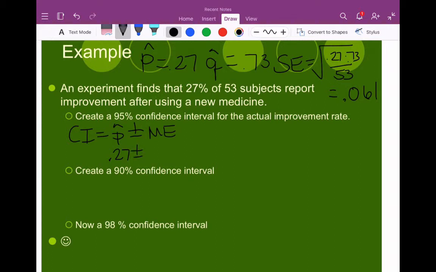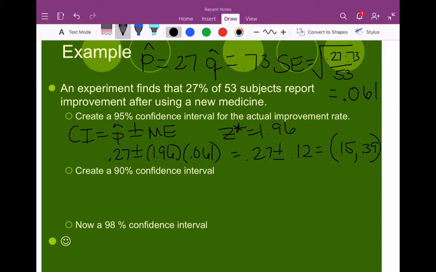My margin of error is going to be my critical value, and for 95% confidence, my critical value is 1.96. So this will be 1.96 times my standard error of 0.061. So this becomes 0.27 plus or minus 0.12, and it gives me a confidence interval of 0.15 to 0.39.